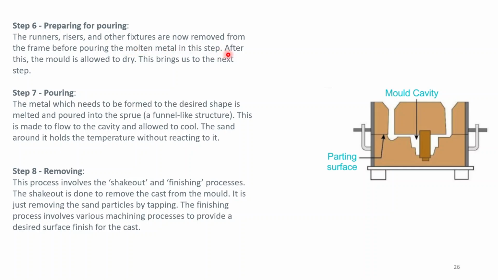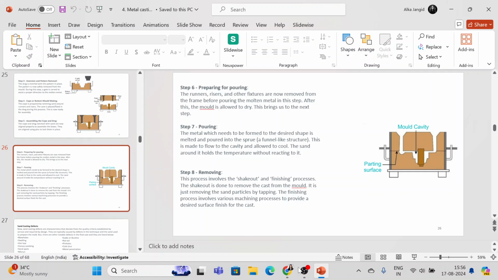After this the mold is allowed to dry, and this brings us to the next step. Next is pouring. You have made this entire cavity and the entire channel connecting this. After that you will be pouring metal. The metal which needs to be formed to the desired shape is melted and poured into the sprue.